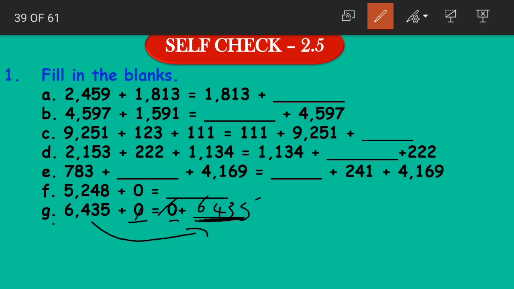So we can say that 6435 plus 0 is equal to 0 plus 6435. And what will the answer be, children? The answer will be the number itself, which is 6435. Clear, students? We learnt about three properties of addition today: commutative, associative and additive property of 0.